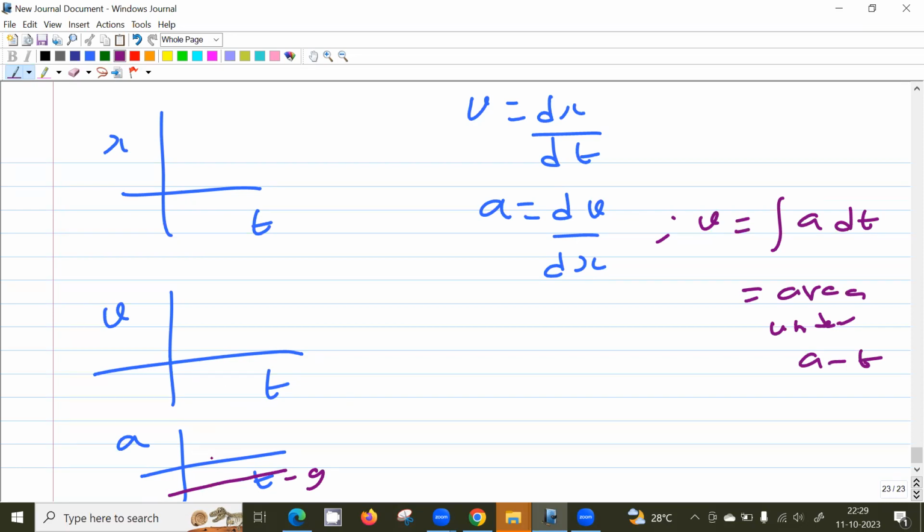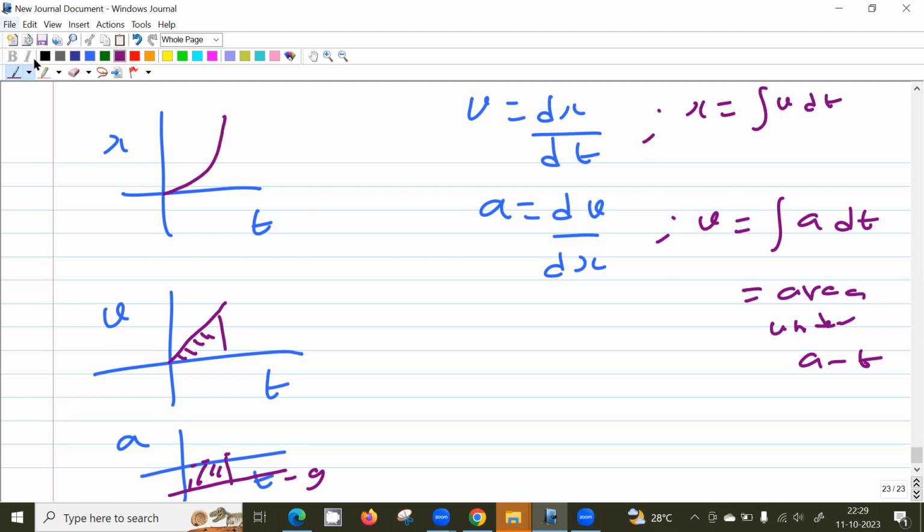So when we keep on increasing time, the area will keep on increasing, so the velocity will go like this, linearly. Similarly, I can say x is the integral of v dt, so this area will also keep on increasing as time increases, but increase like this.